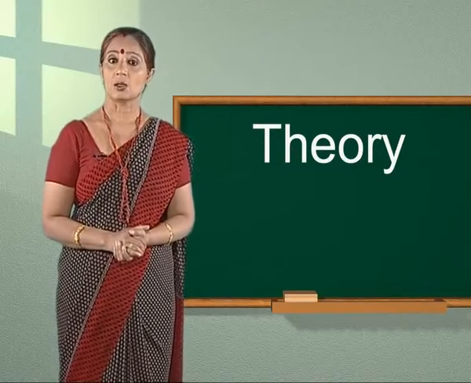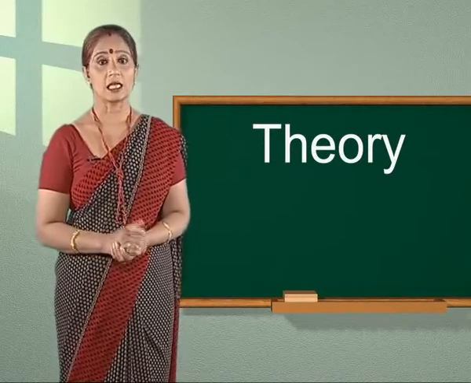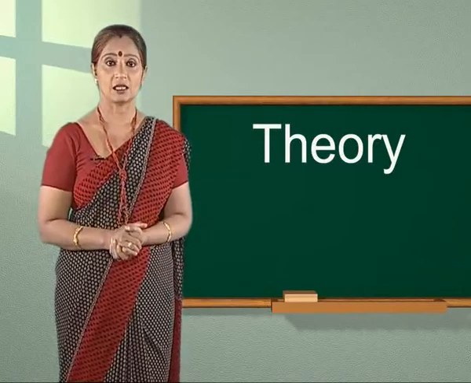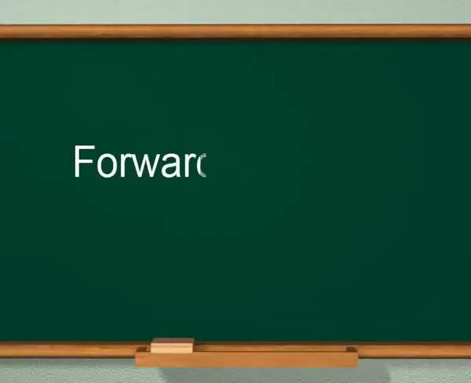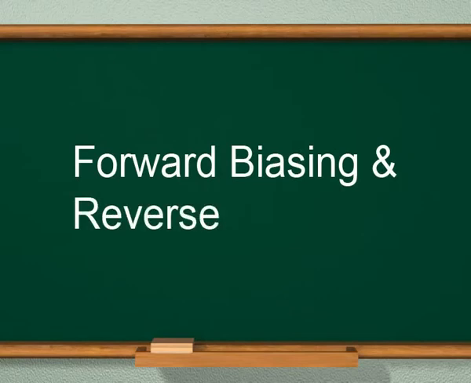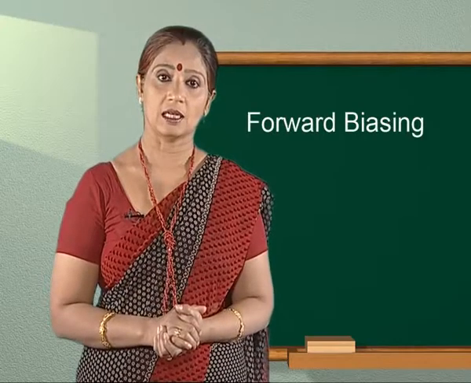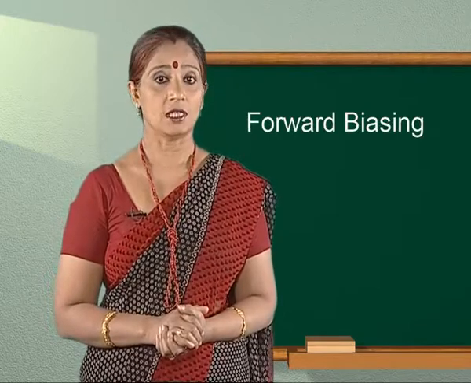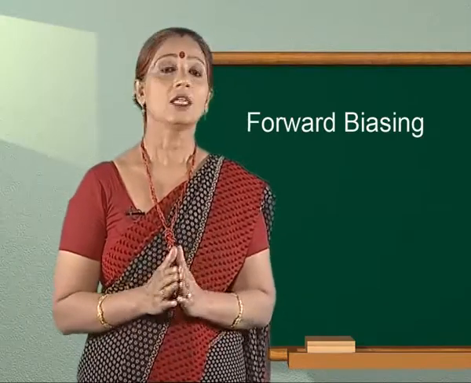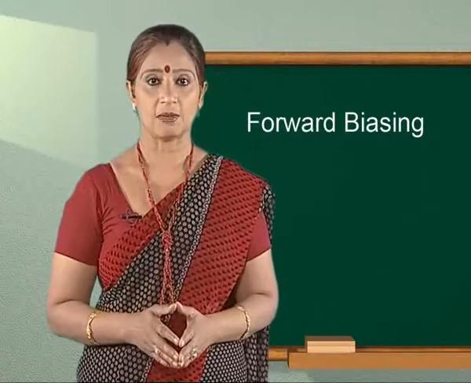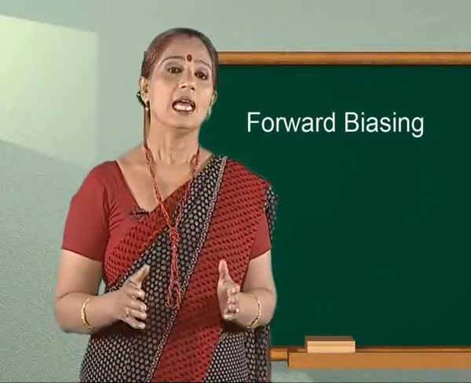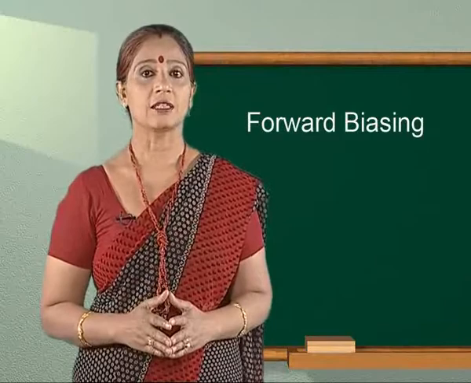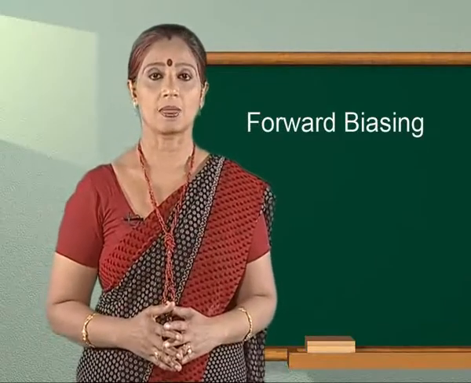A junction diode can be biased in two different ways, namely forward biasing and reverse biasing. In forward biasing, the P-type of crystal is connected to the positive of the bias battery and N-type to the negative of the bias battery.